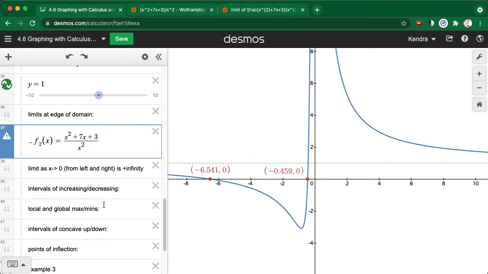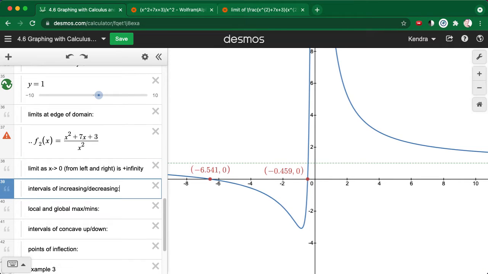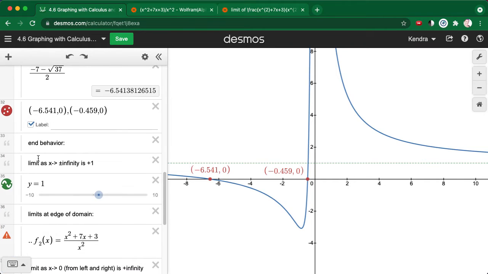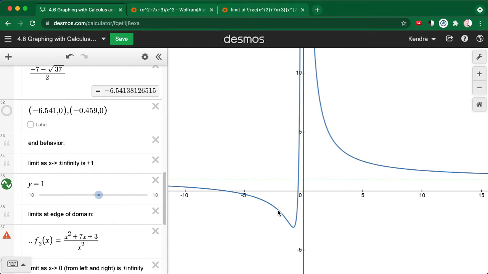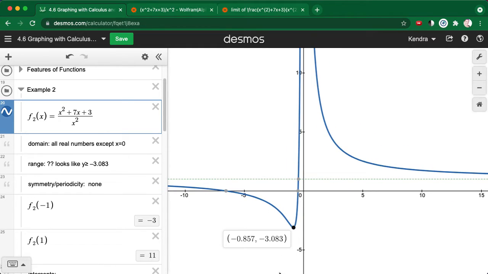All right. Intervals of increasing and decreasing. Now, I'm going to go ahead and hide those intercepts because they're a little distracting. It looks like from Desmos this is the only key point, the only point where the derivative changes, where we have a local maximum or minimum.